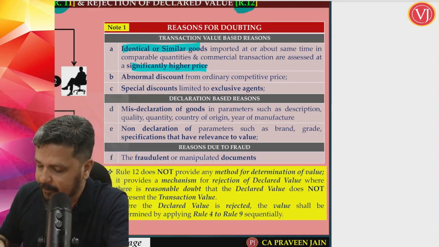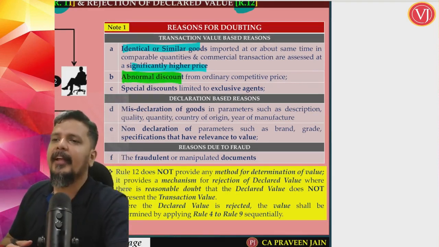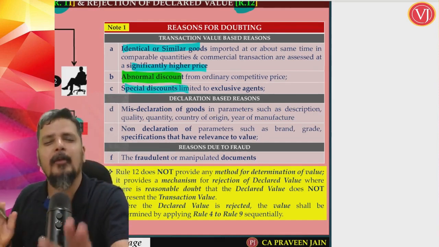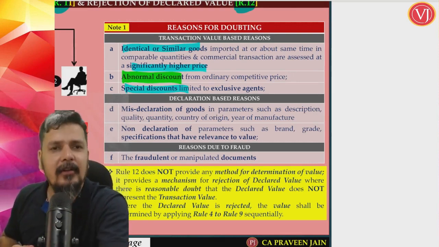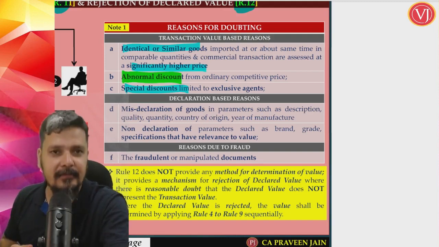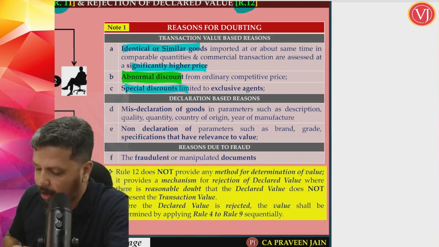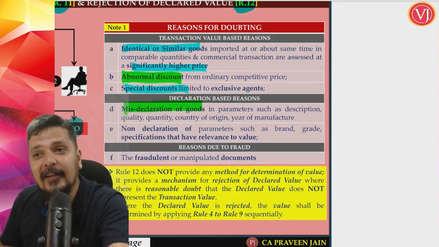Or you are getting a very abnormal discount from your exporter of USA. Or you are getting a very special discount, which again means your value is lesser. The problem with import is always undervaluation. Or you have declared something which is wrong, misdeclaration.